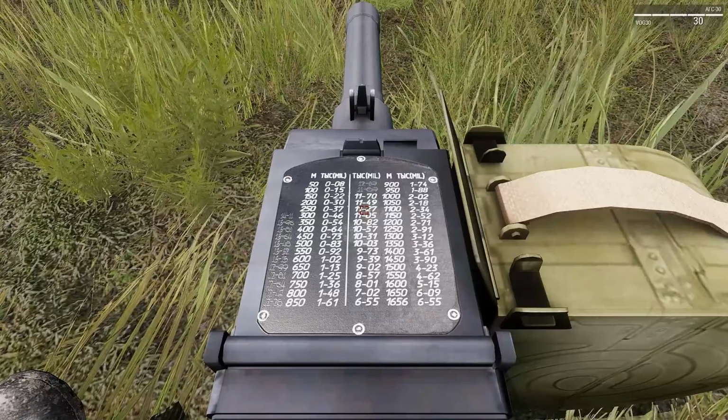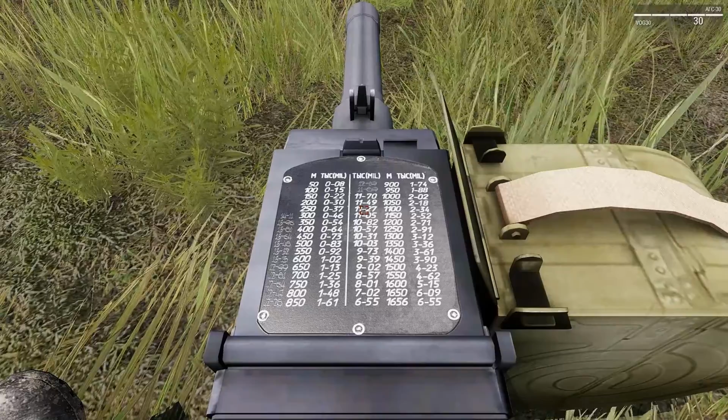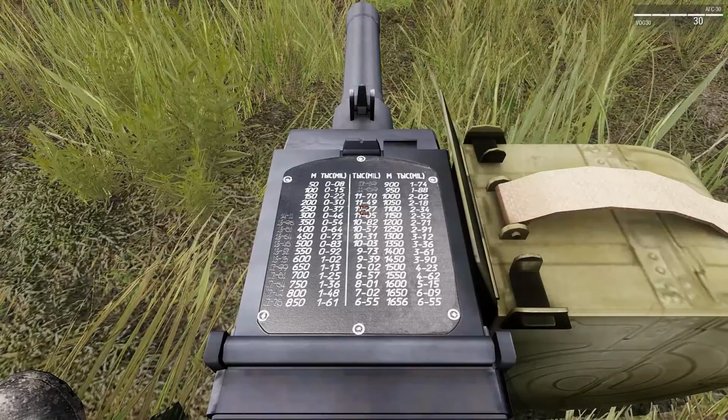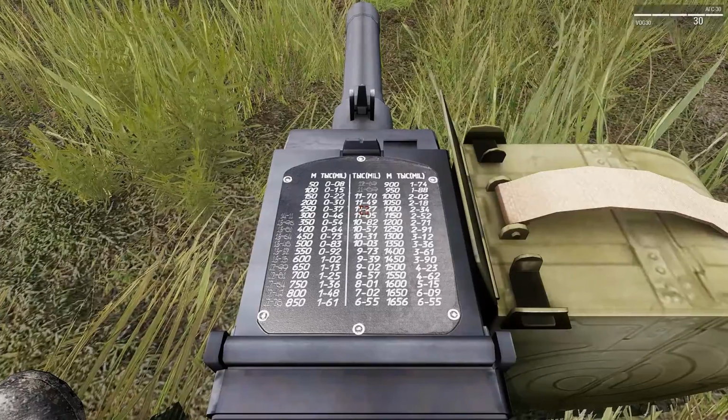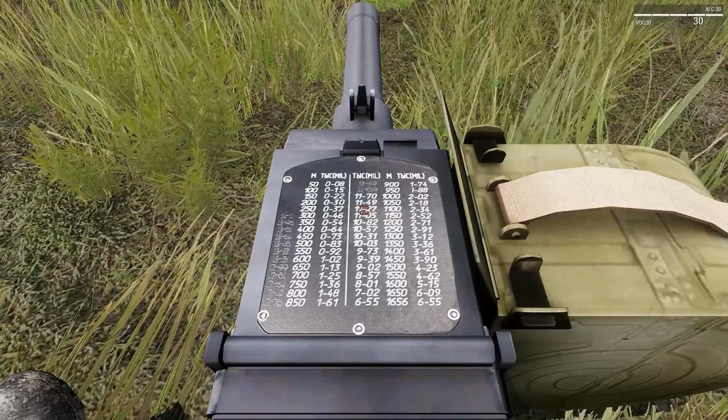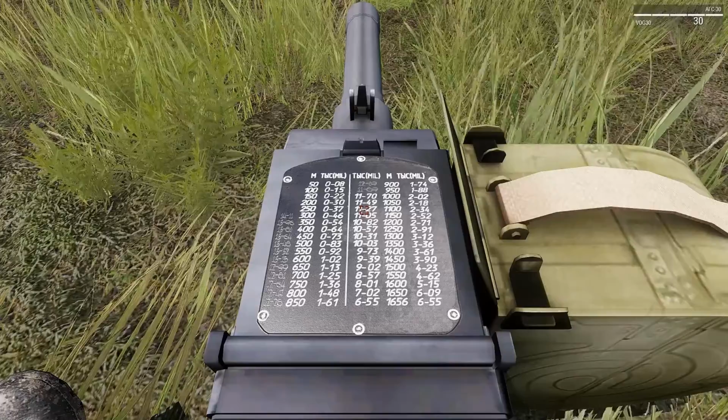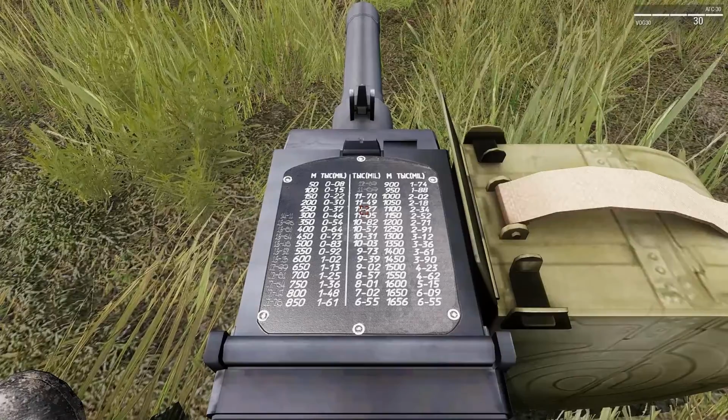So between 1000 and 1050 meters, how much elevation change do you need? It's 1170 minus 1149, and that would be 21 mils. So 21 mils of elevation change will give you 50 meters of range change.